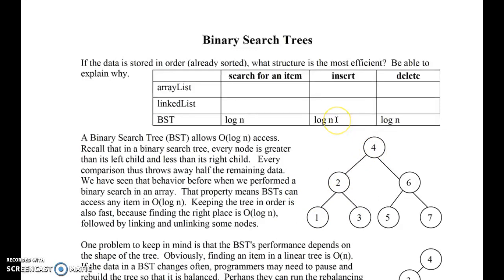So finding the insertion spot is the longest piece of the insert. That's the log n piece. And similarly, when I want to delete a node, the actual delete is just moving some pointers around, but finding the element to delete is going to be that same log n search.